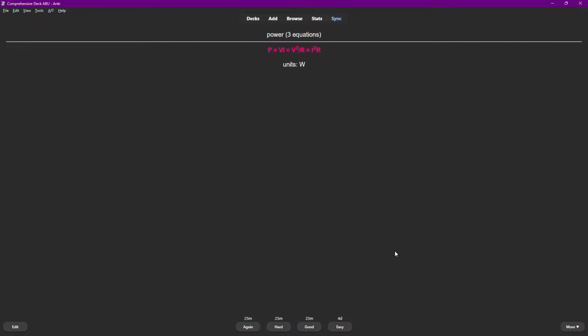Amp equals coulombs per second. Voltage equals... amp equals coulombs per second. So V must equal joules per coulomb. Okay, I can remember that.